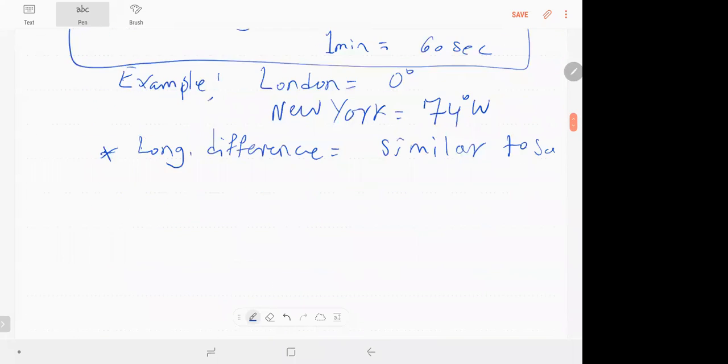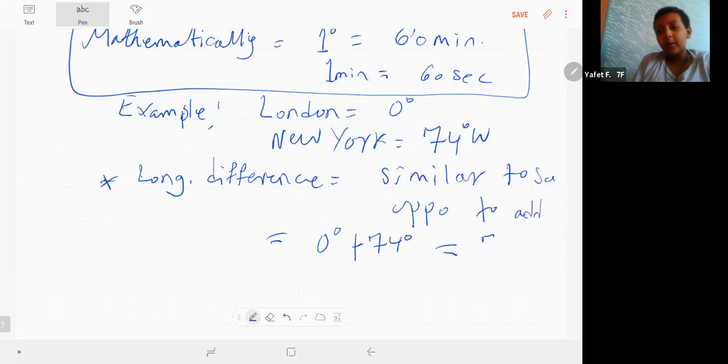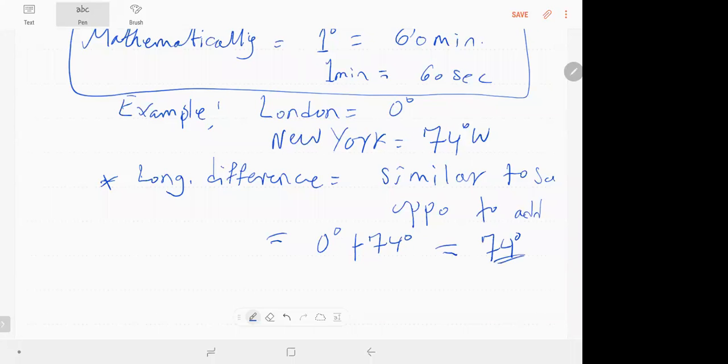For opposite, you add. This time we add, as London is at 0, it's not east or west. Therefore, longitudinal difference is equal to 0 degree plus 74 degree. The longitudinal difference between London and New York is 74 degree. Now we have the longitude difference.